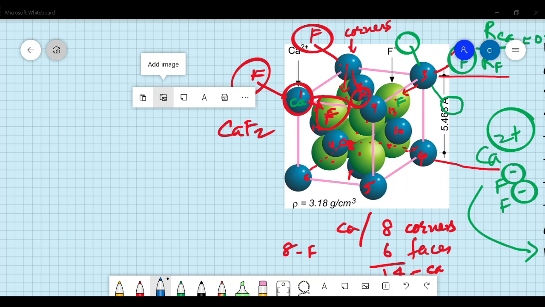Now I'm just going to show you the difference between the fluoride and the anti-fluoride structure.